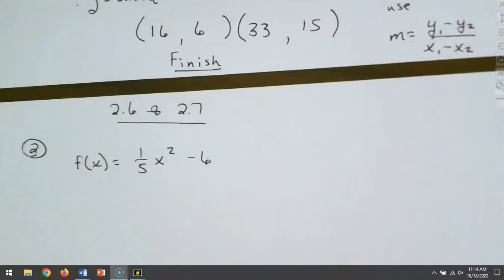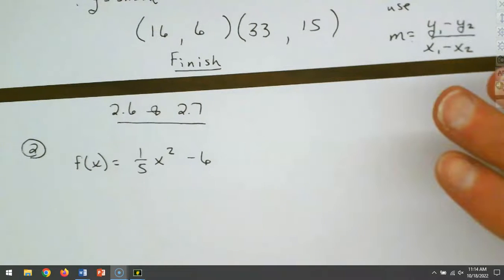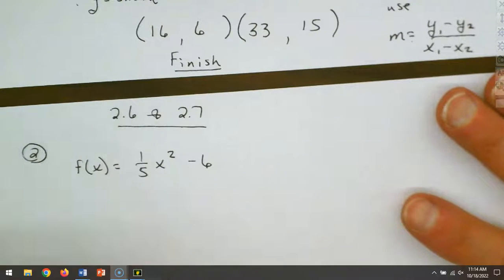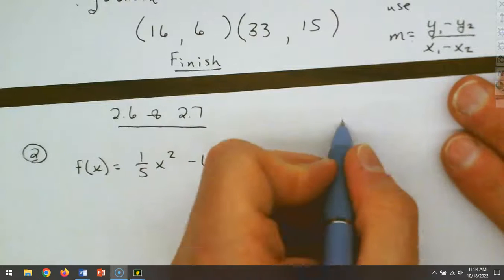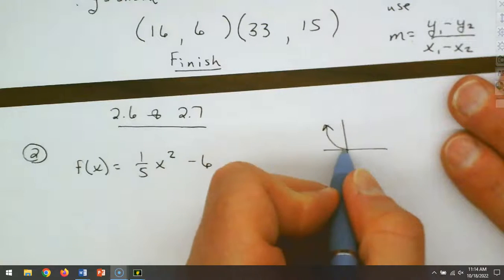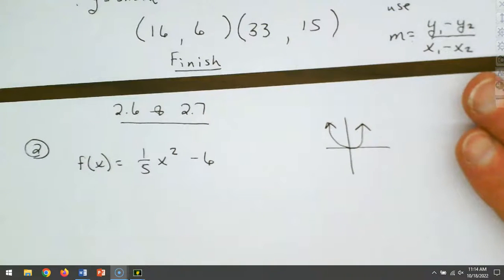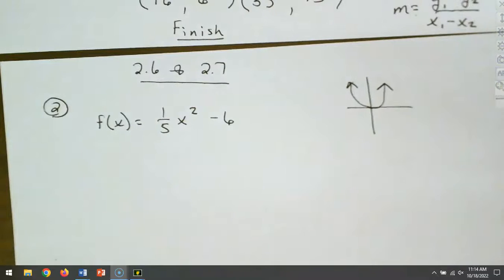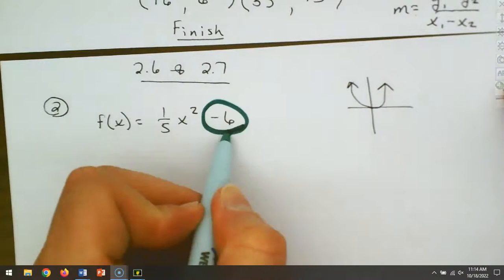Now, we're also going to have to worry about the stretching and how that works as well. So where do we begin? We know it needs to look like this. So we automatically know that it looks like that, doesn't it? What about the minus 6? What does that do?